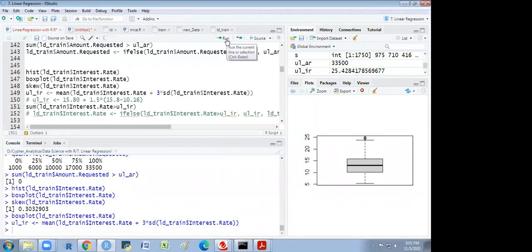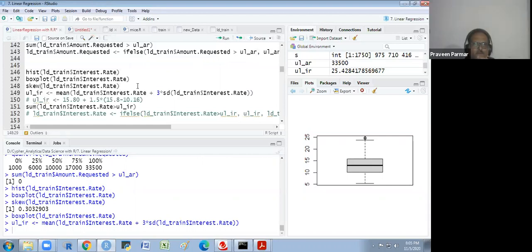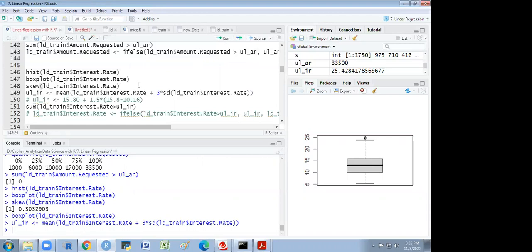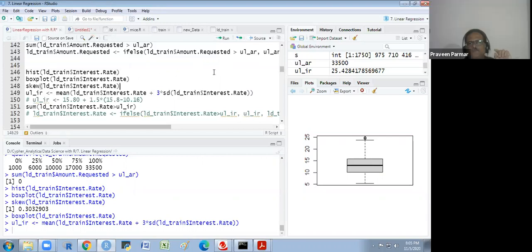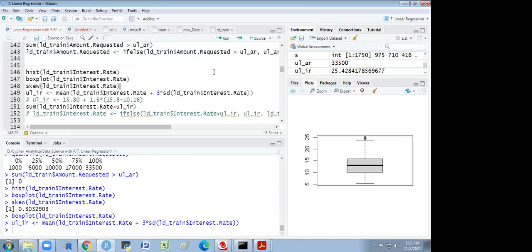Sir, one minute. Can you show me that formula for removing the outlier? You have written mean plus 3 into standard deviation, but in the code you have used the mean of LD_train interest rate, and you have calculated the mean, I think.